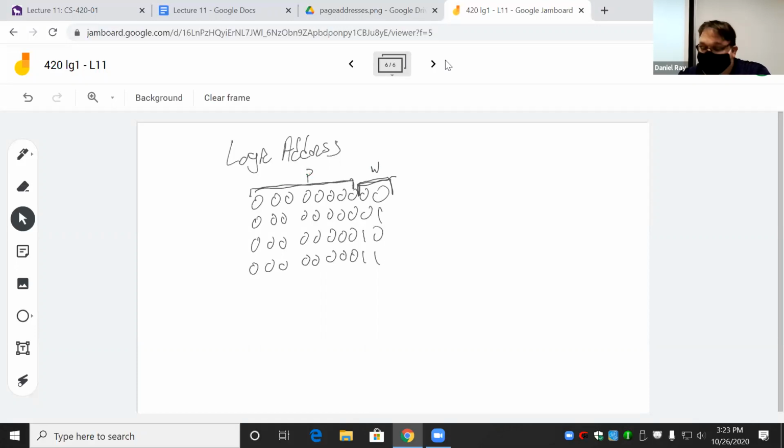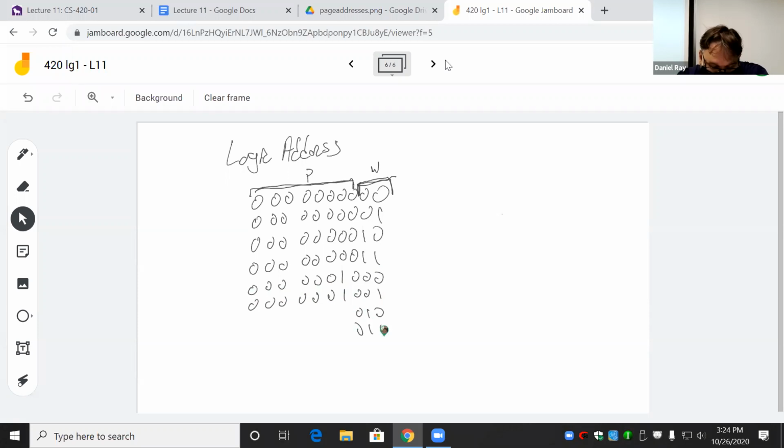Okay? Because notice what happens when we get to the next page. We go back to 00, 000. And then the next one will be this same page number, 001. And then this same page number, 010. And then so forth and so on. 011.